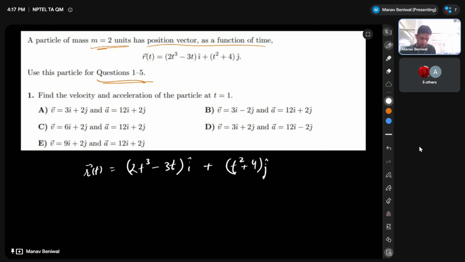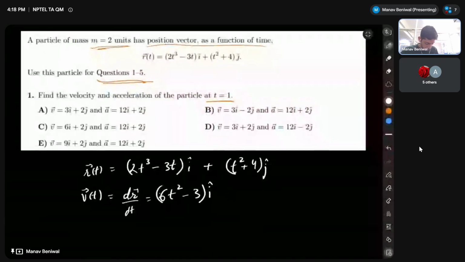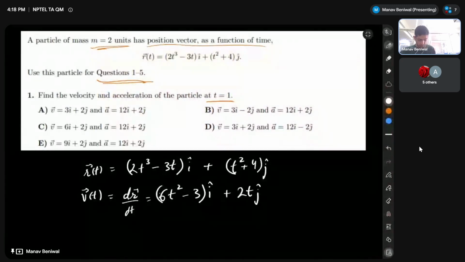So the first question is: find the velocity and acceleration of the particle at t equals 1. We know velocity is dr by dt. So let us take its derivative. This becomes (6t squared minus 3) i cap plus 2t j cap. And velocity at t equals 1 will be 6 minus 3, which is 3 i cap plus 2 j cap.